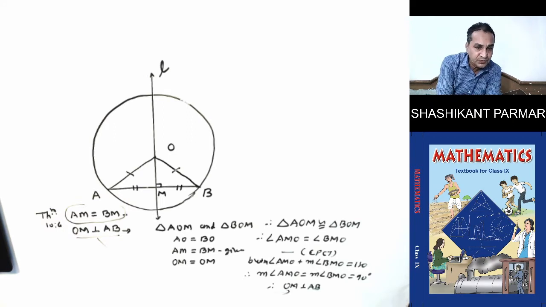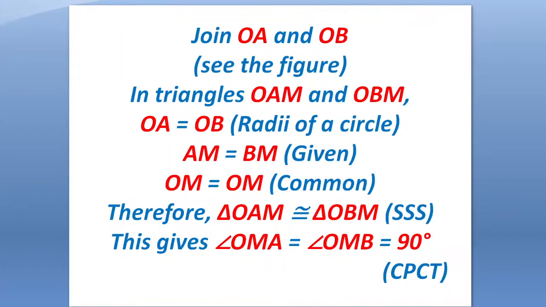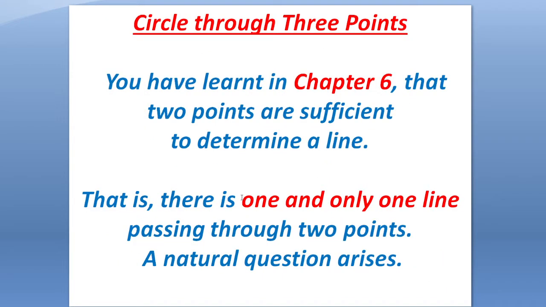Now next point: circle through 3 points. You have learned in chapter number 6 that 2 points are sufficient to determine a line, that is, there is one and only one line passing through 2 points.